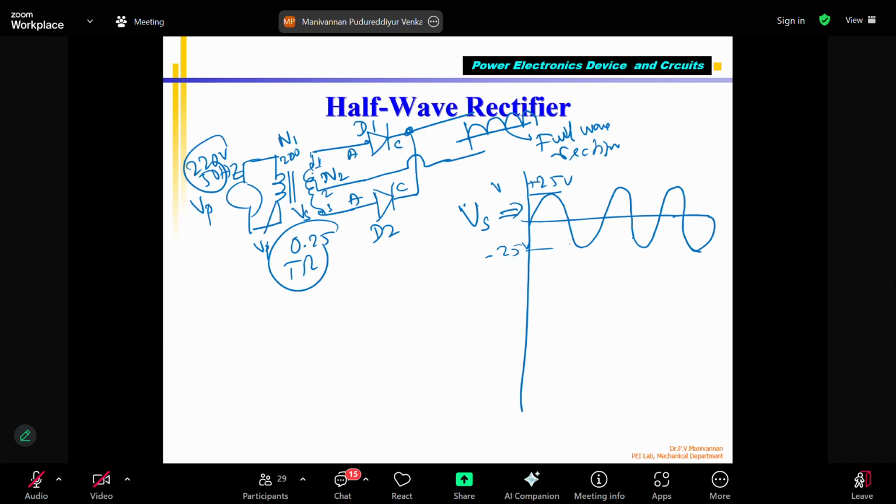After step down, this is applied to the rectifier, which is called a full wave rectifier. We already mentioned the full wave rectifier output will be like this. You can see that this is a positive half cycle, and this is positive. This is positive, that is brought down. And the negative in the half wave rectifier is not appearing. Now you can see that this is the negative half cycle.